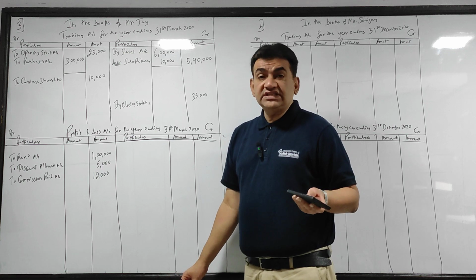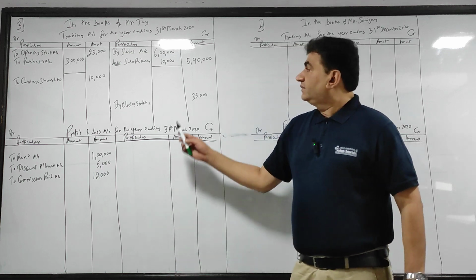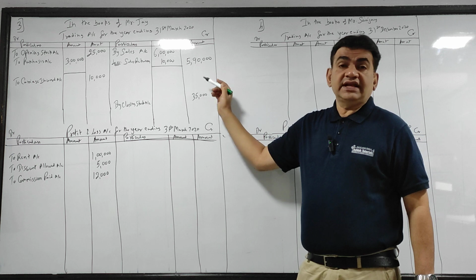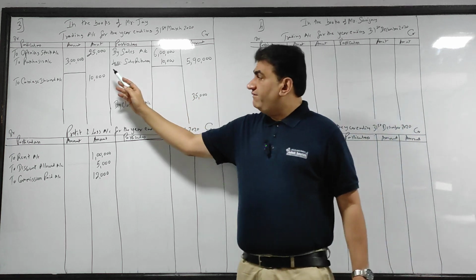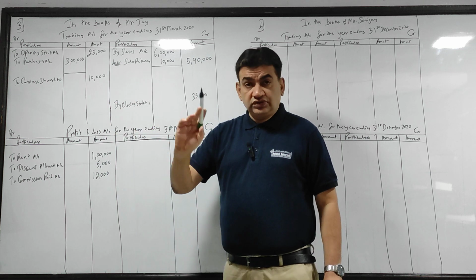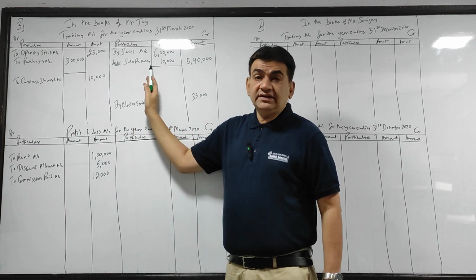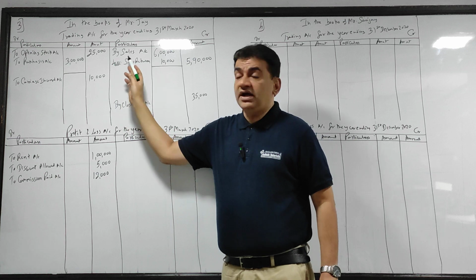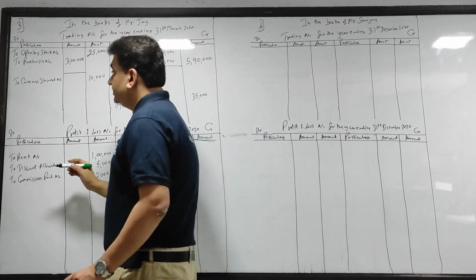Now see, purchase return, same thing. Outside sales figure has to be net sales. Same way, outside purchase figure has to be net purchases. So, sales return is deducted from sales, purchase return from purchases.